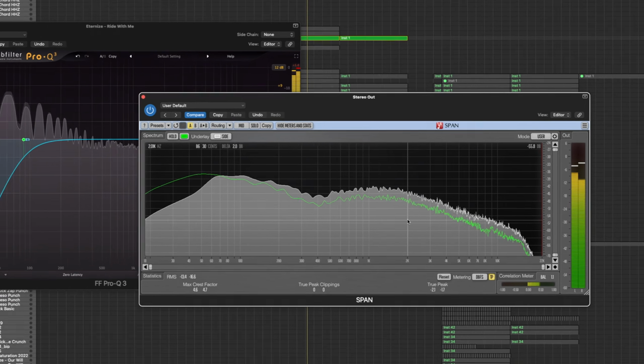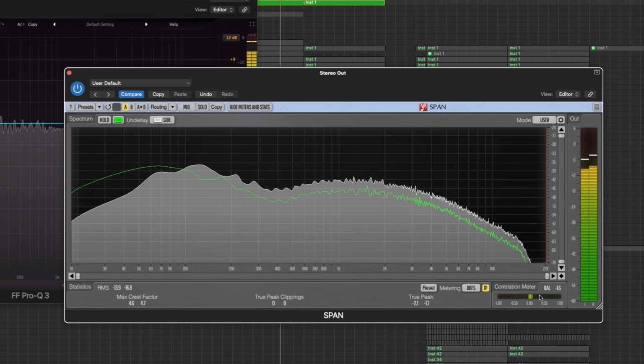And if we do that and only focus on the correlation meter, we can see that it seems to have fixed the issue that we were having, right?